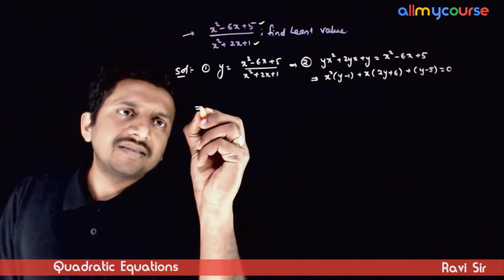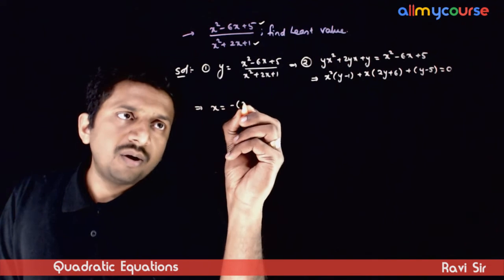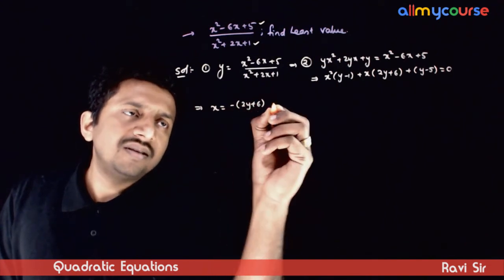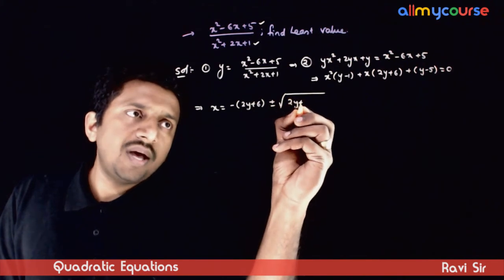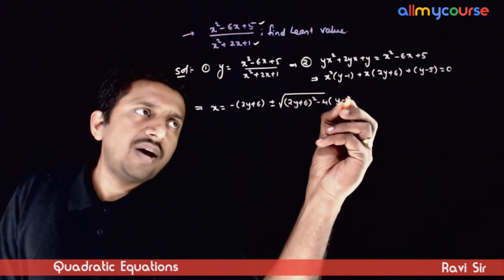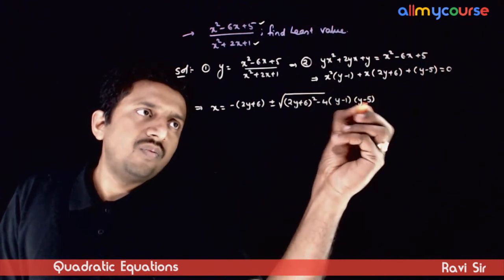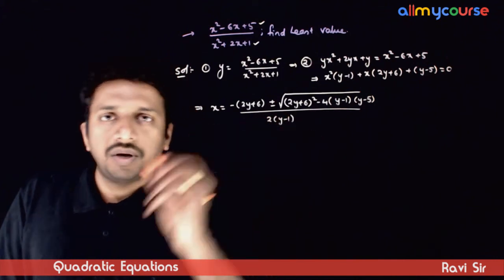So x is equal to minus b, that is minus of (2y plus 6), plus minus root of b square, which is (2y plus 6) whole square, minus 4 times (y minus 1) times (y minus 5), by 2 times (y minus 1).